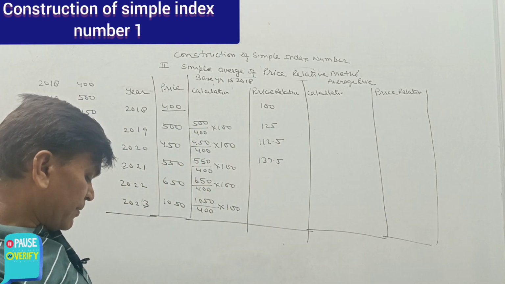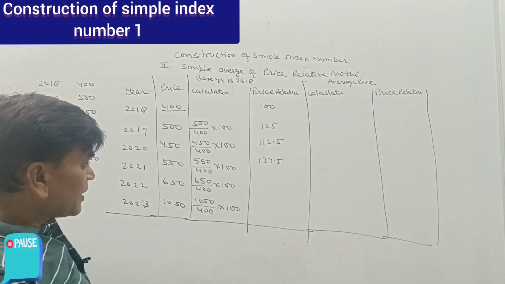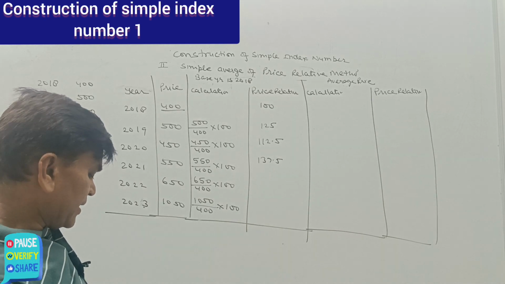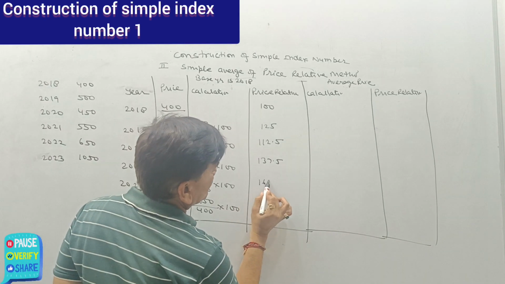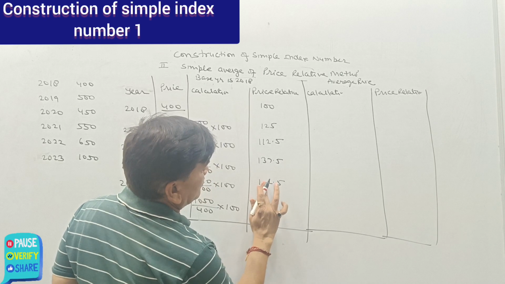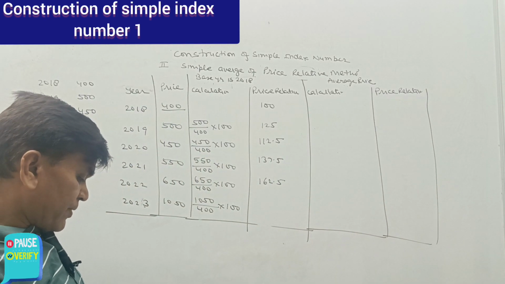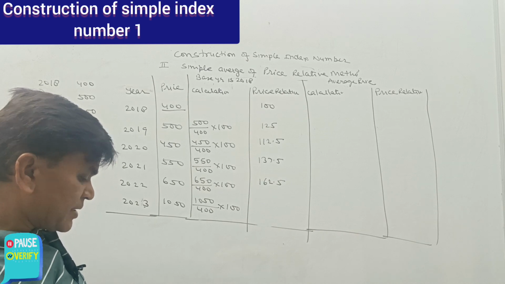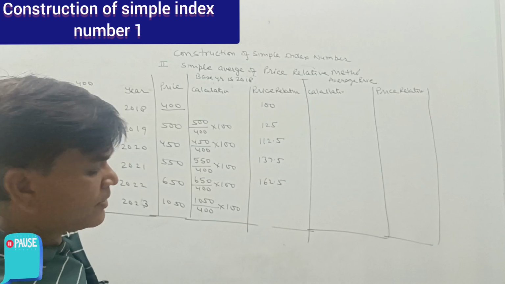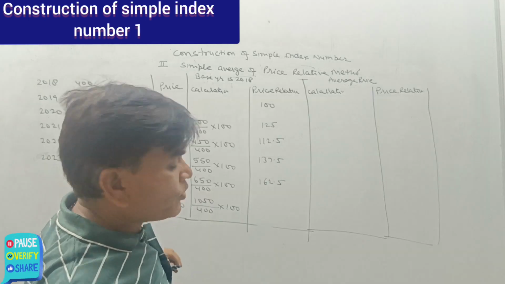Now 650 divided by 400 multiply by 100, that is 162.5. Next, 1050 divided by 4, that is 262.5.